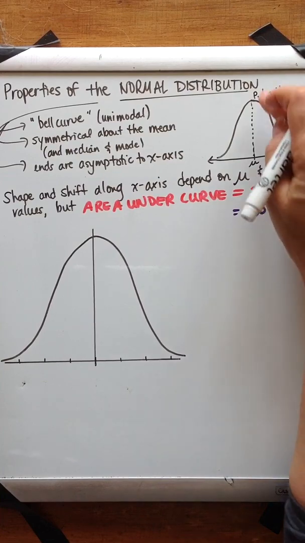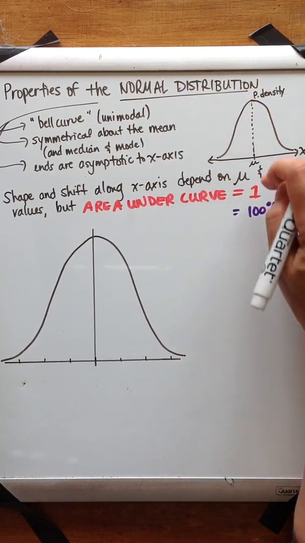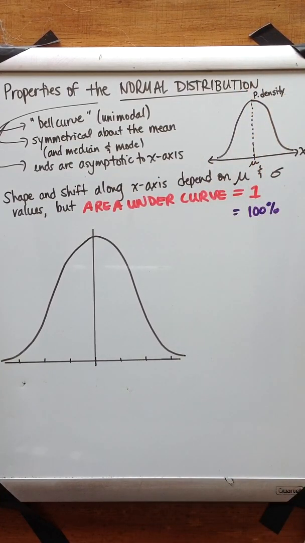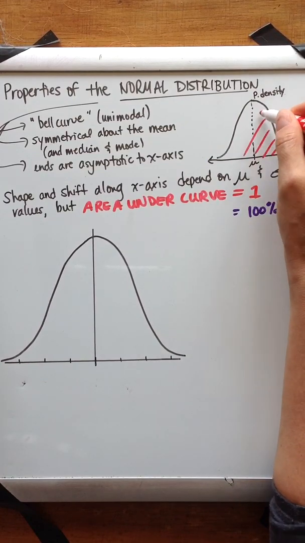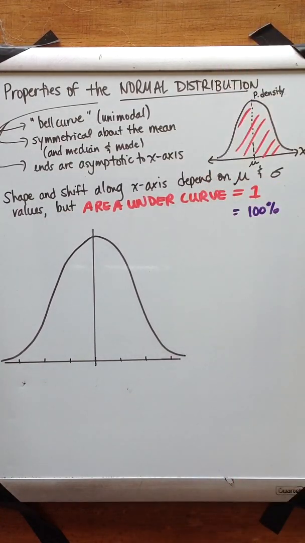Some things that can affect the shape of this curve are the value of the mean and also the standard deviation. I'm going to talk about that in just a second. But one thing that is true about this distribution is that the area under the curve, no matter what its shift along the x-axis or its height based on standard deviation, is always going to be equal to 1.